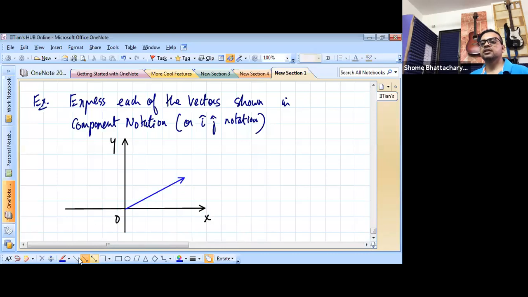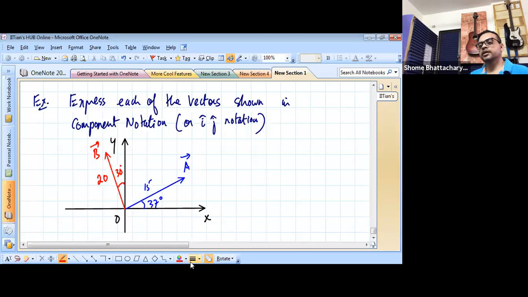So vector E is like this. So magnitude 15 units, and this angle is 37 degrees. Then a second vector is shown to us like this. This one is of magnitude 20, and this particular angle is 30 degrees.